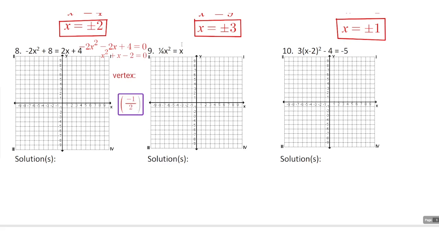And then if we substitute that into our equation, looks like we're going to get another decimal point here. Let's see, -1/2 squared is going to be 1/4. And I think I'm just going to go to the calculator on this one. So yeah, we've got 1/4 minus 1/2 minus 2.